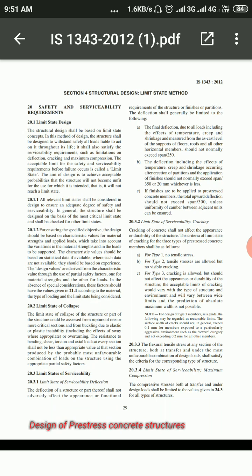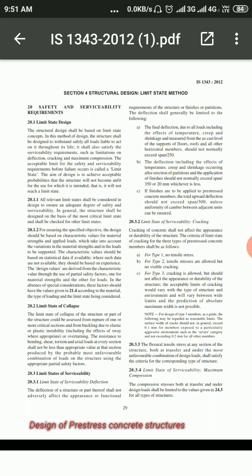Prestressed concrete members are ideally suited for floor and roof construction of industrial and educational buildings where the live loads to be supported are of higher order, and for which reason longer spans between supporting elements are required. This is the basic criterion for which we use prestressed concrete.